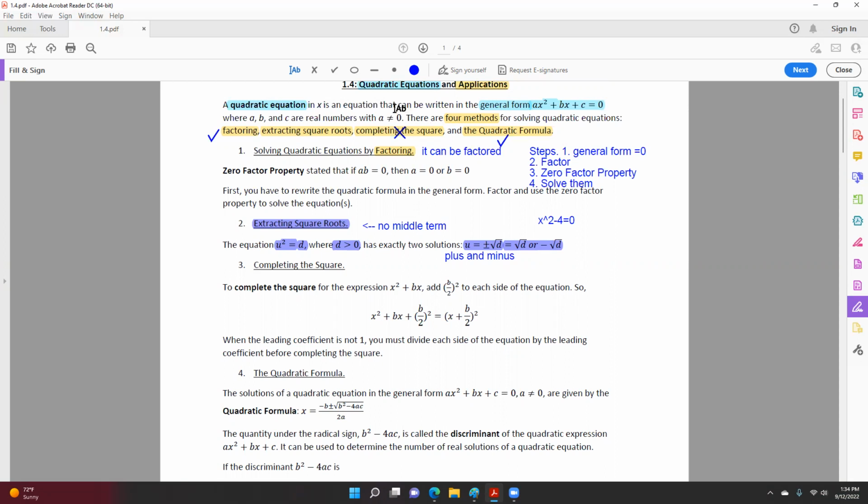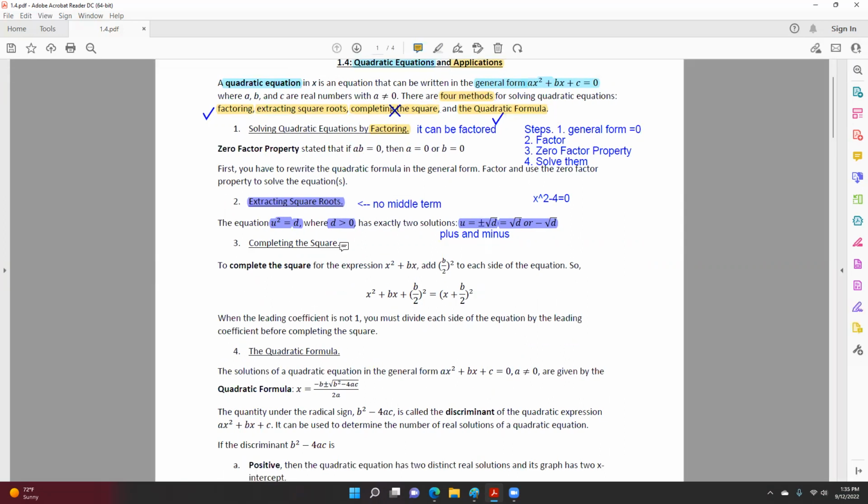Okay, the third method is what we call completing the square. Completing the square is used when you want to write your quadratic equation as a binomial, and this binomial has to be a perfect square.